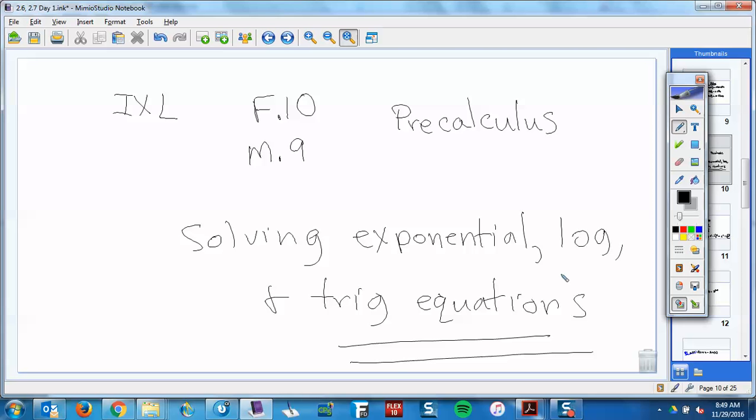But as we get ready for Monday's quiz, there's some practice in solving exponential, log, and trig equations on the IXL, those two right there. Obviously that is something we have to be able to do. Of course, maybe we should practice some algebra ones too, like factoring. There's some factoring practice in there too. I haven't looked it up, but I assume that's the easier stuff.